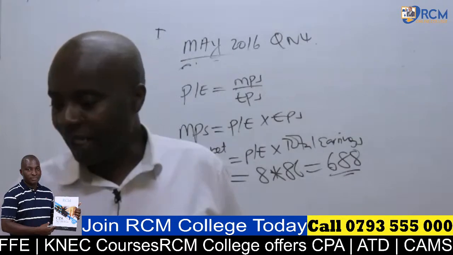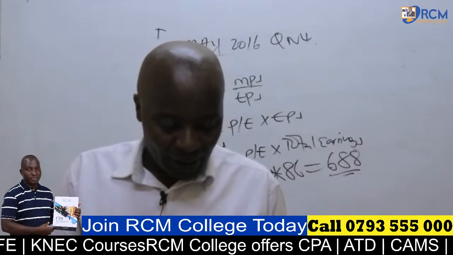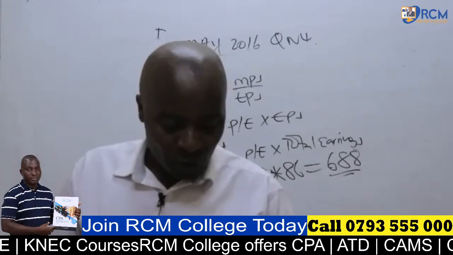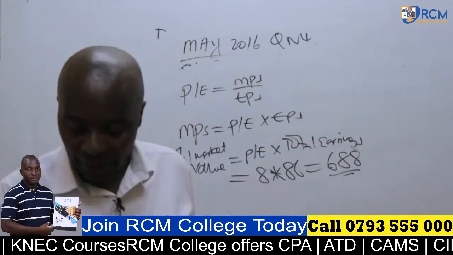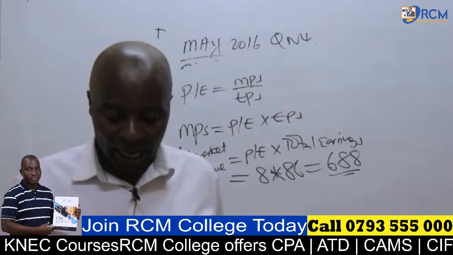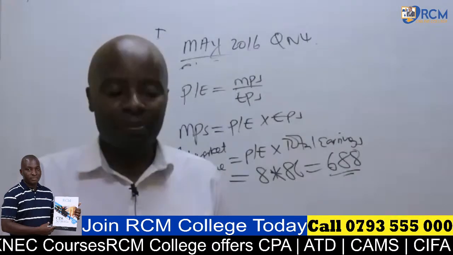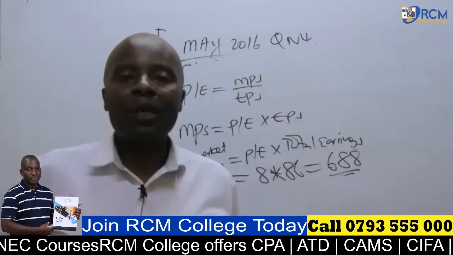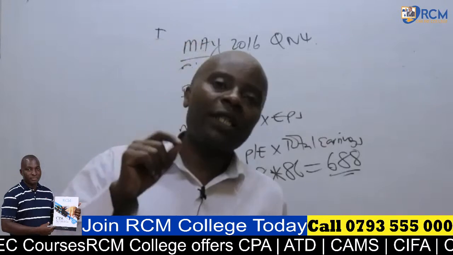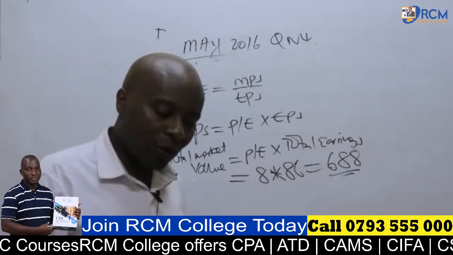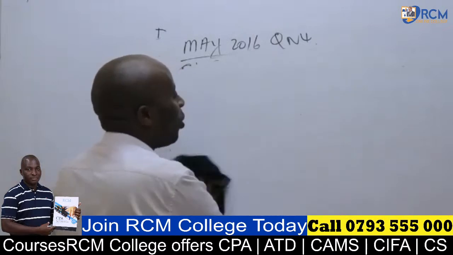The first thing that I will do is give my examiner the cost of equity using CAPM. The other sitting, they asked us to give them 4 uses of CAPM. One of the biggest uses of CAPM is the ascertainment of cost of equity.